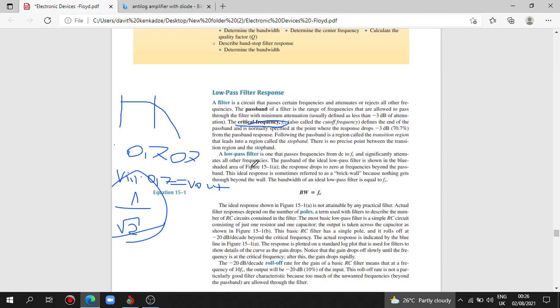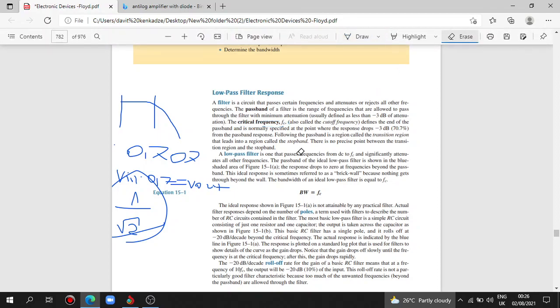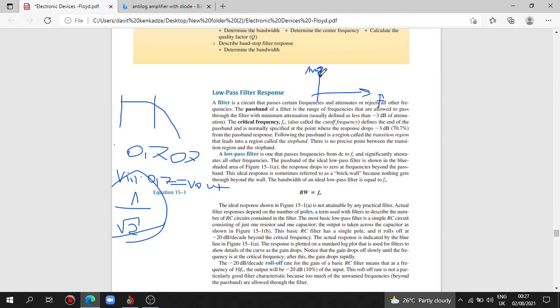A low pass filter is one that passes frequencies from DC to the critical frequency and significantly attenuates all other frequencies. Okay, the name low pass filter suggests it: this is frequency and this is amps, for example, and here is zero frequency, and the graph is something like this.